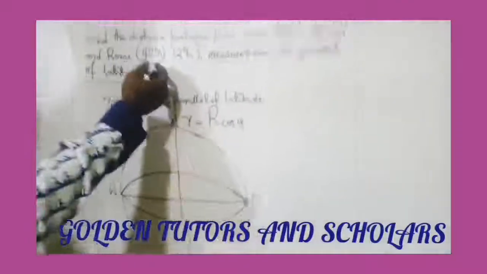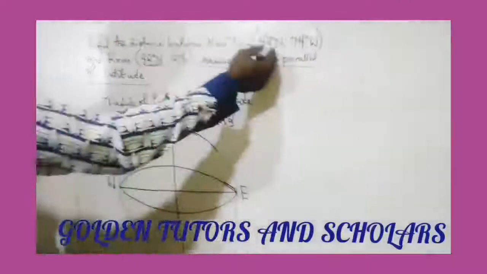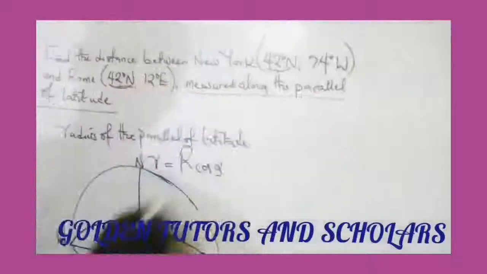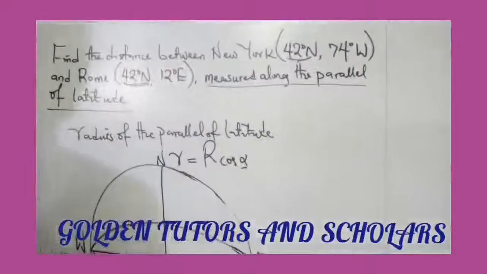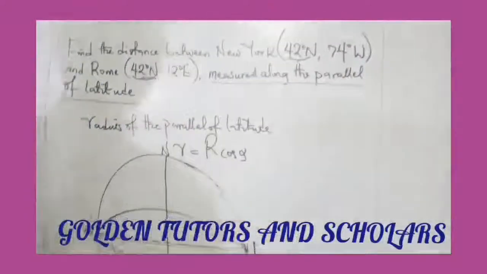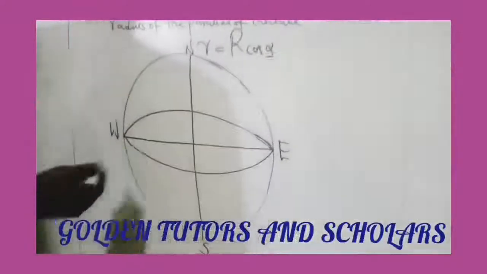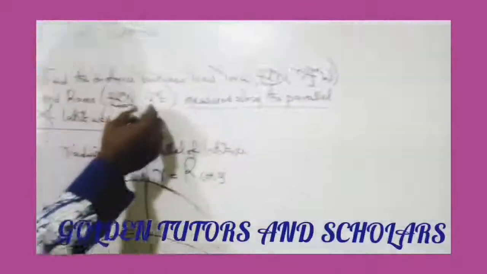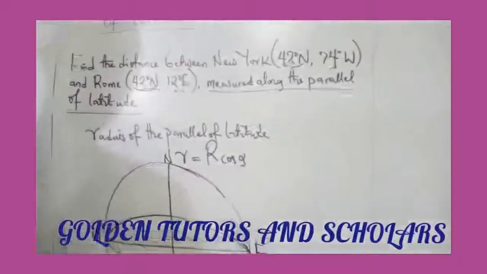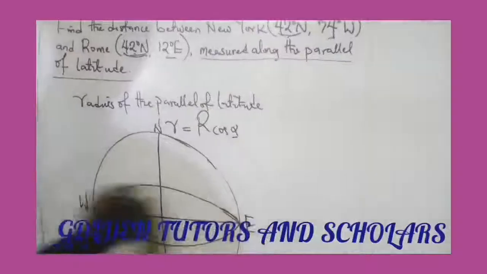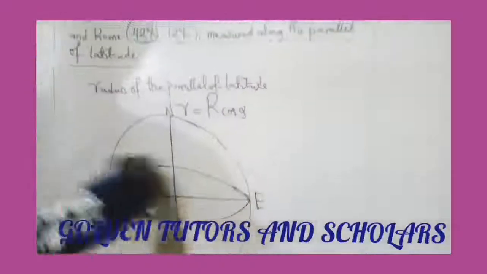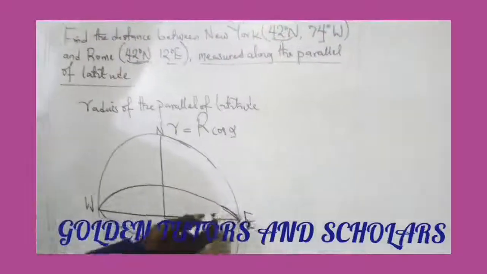They are both on the same latitude but on different longitudes. New York is on the west, which is towards this side, and it's 74 degrees west. Now the lines of longitude, 74 degrees here and 12 degrees east here, are measured east or west of the Greenwich meridian in London.